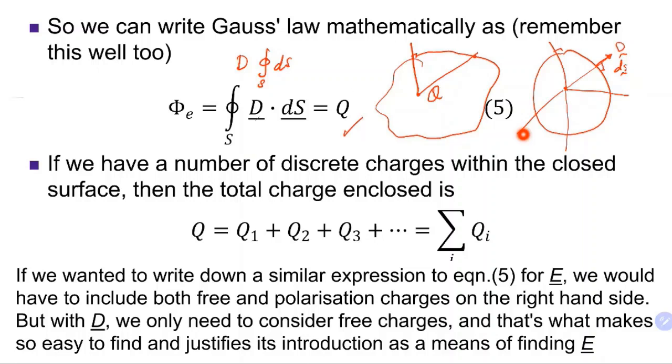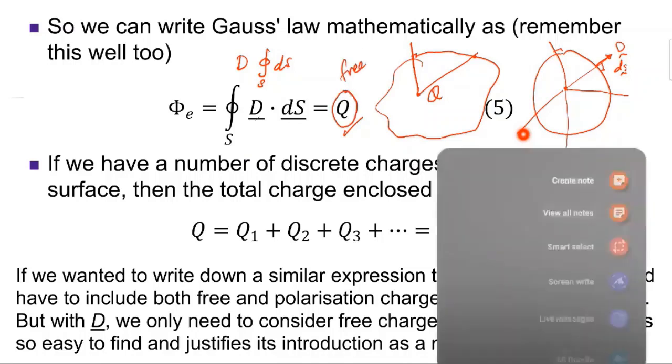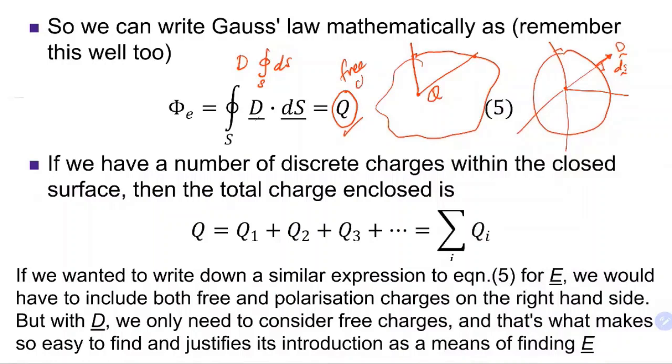And the charge is just a superposition of all the charge inside the enclosed surface. So remember, this is free charge, because it's D, and D only depends on free charge.